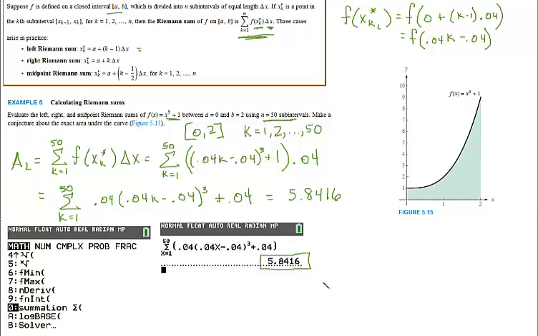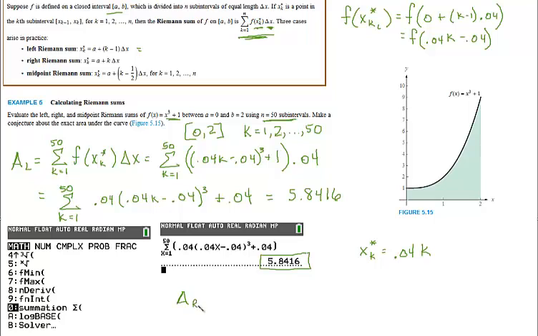A lot of things are very similar for the right Riemann sum, though I'm going to have this x sub k star is going to equal the a, which is 0, so I'm not writing that down this time, 0.04, which is my delta x times k.